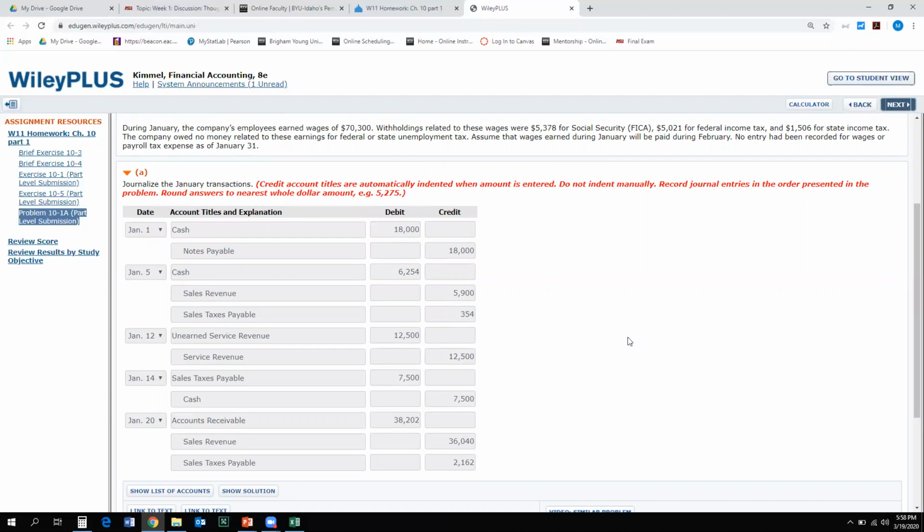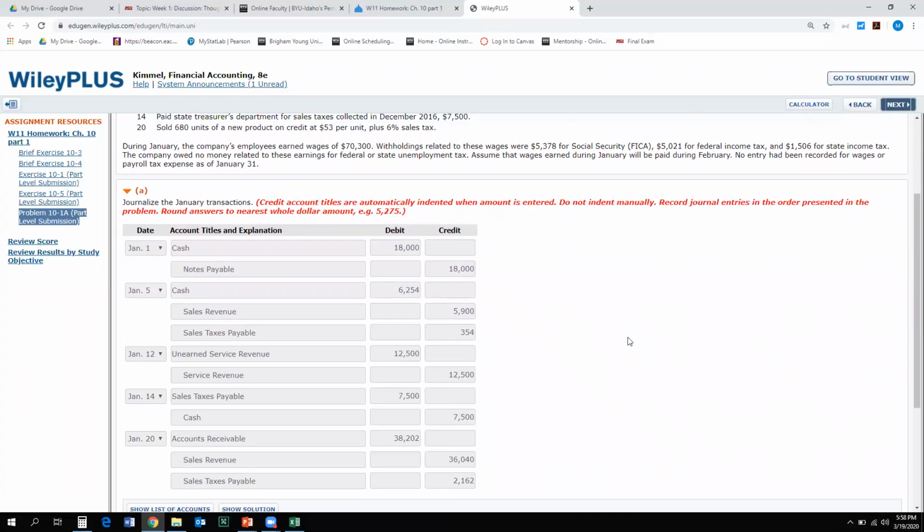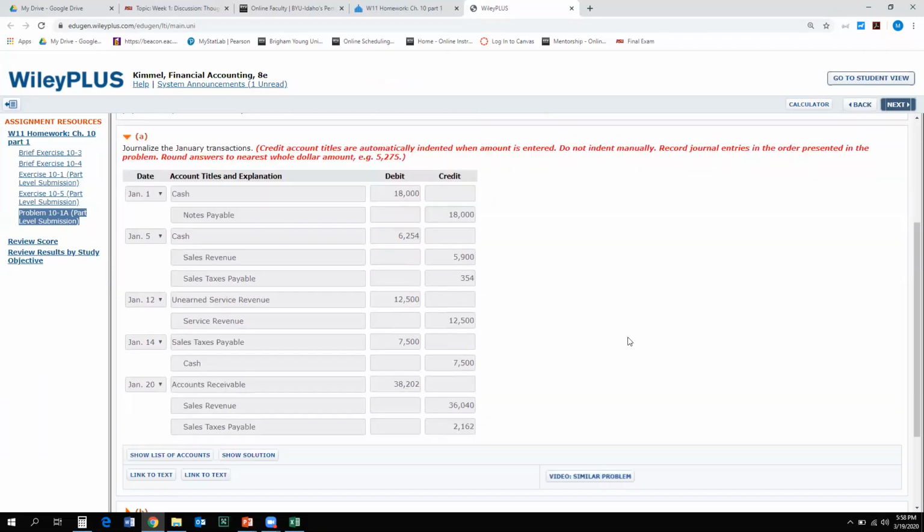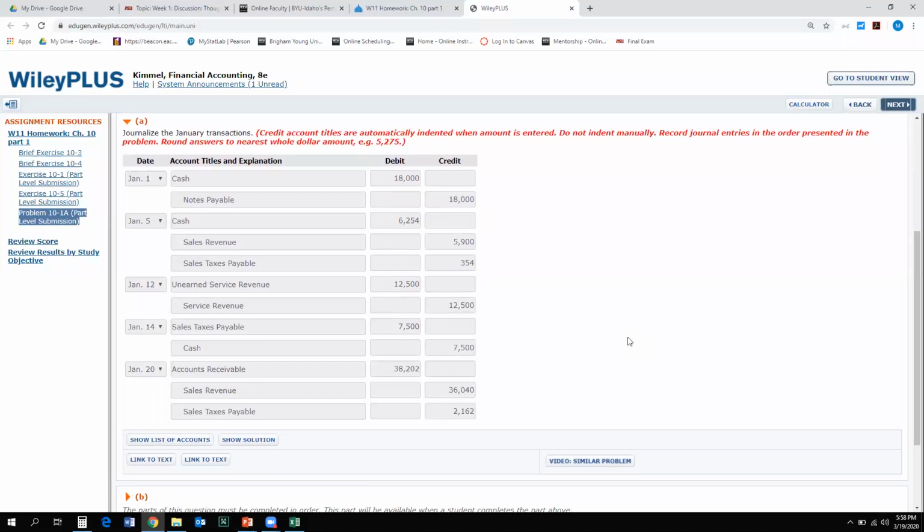No, it would be sales taxes payable. Oh, because it's a sales tax. Right. Oh, duh. I feel great now. Sales taxes payable, because it's that 6% sales tax.